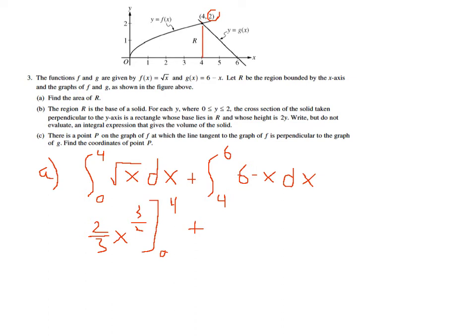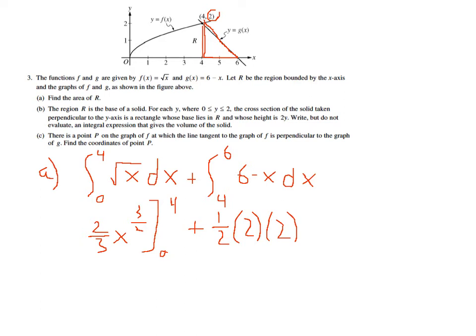This area is nothing more than a triangle with a height of 2 and a width of 2, so I do 1/2 base times height, and that's 2. I'm just going to write that out so we remember where I got that from: 1/2 times 2 times 2.